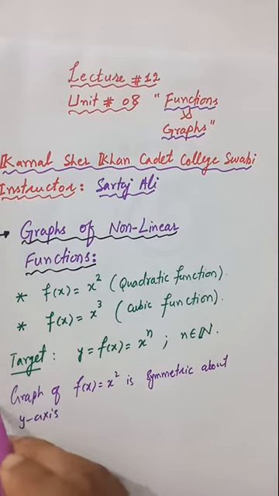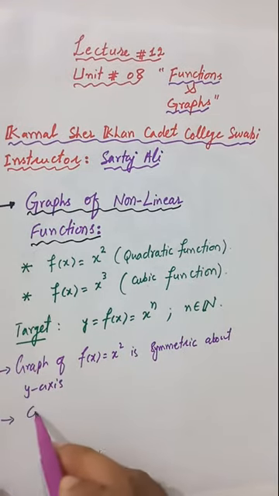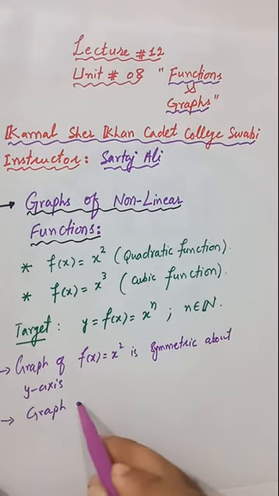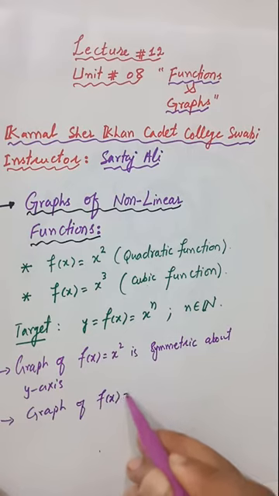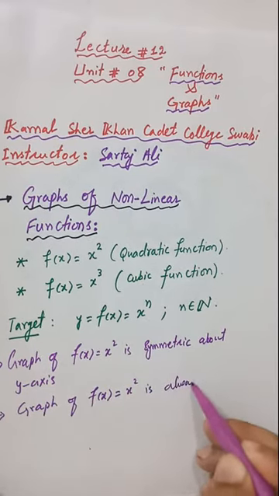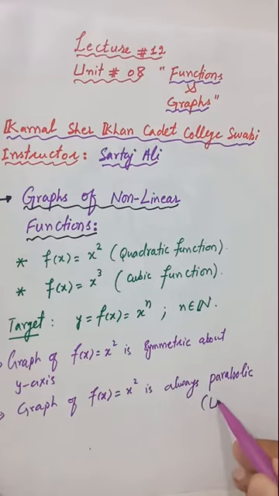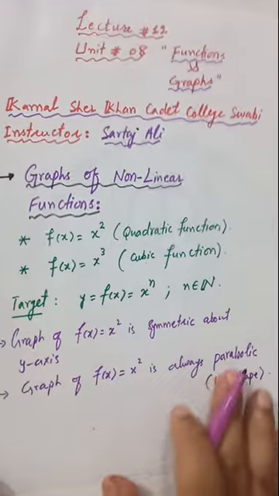This is one of the important points, and the other important point is that the graph of f of x is equal to x square is always parabolic. Parabolic means U shape. So these are the two important points.